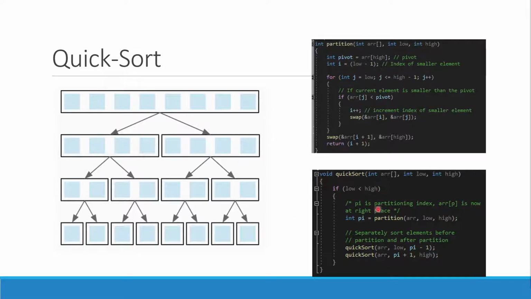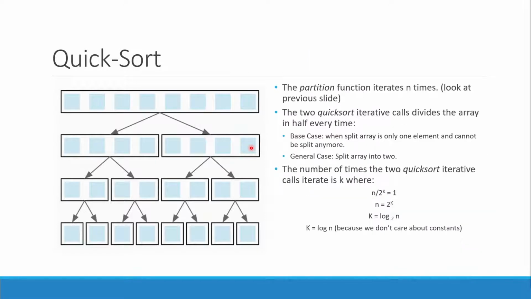So with that in mind, we can actually begin calculating the big O notation for quicksort now. Okay. So going over here. As I said before, the quicksort algorithm consists of 2 parts. One is the partition function, and the other one is the 2 quicksort recursive calls.